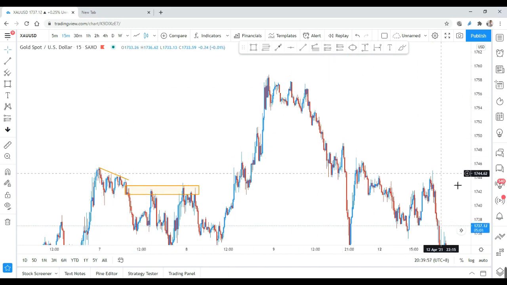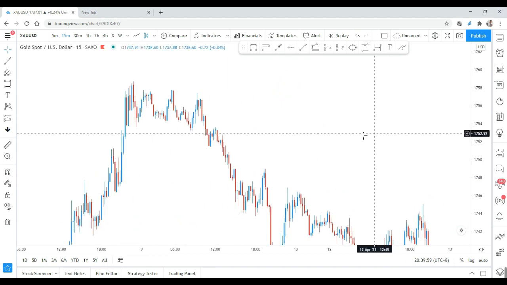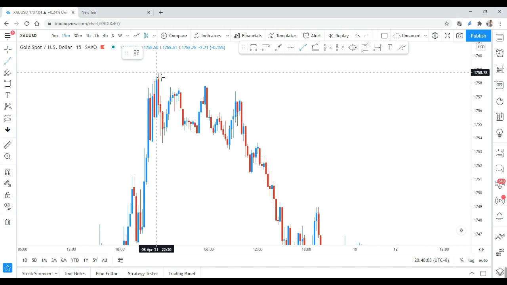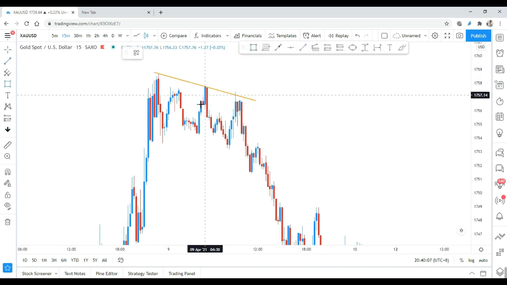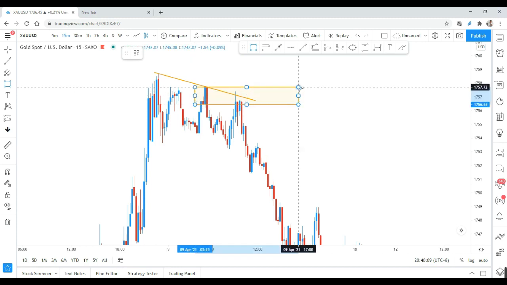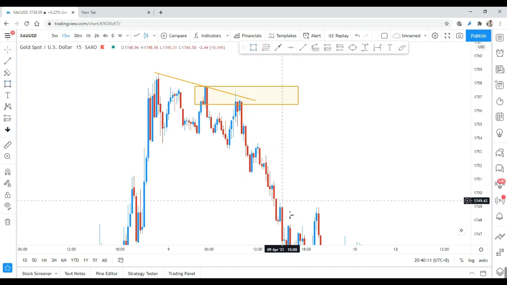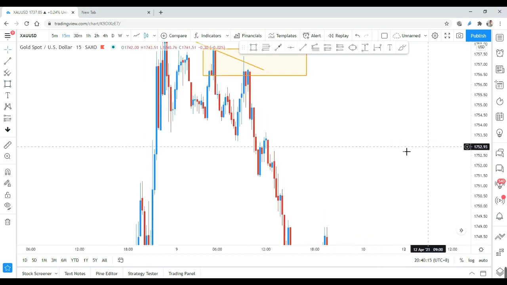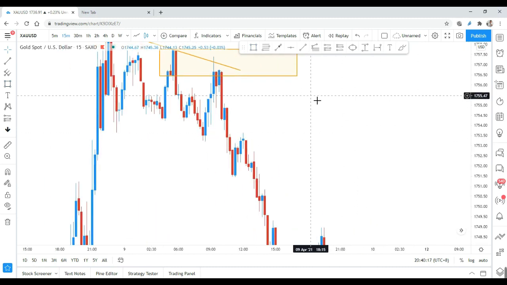Yes, it does. It is exactly the same. Just draw a trend line, and then fresh zone, and then drop. Ultimately, this is going to be a bit tricky.